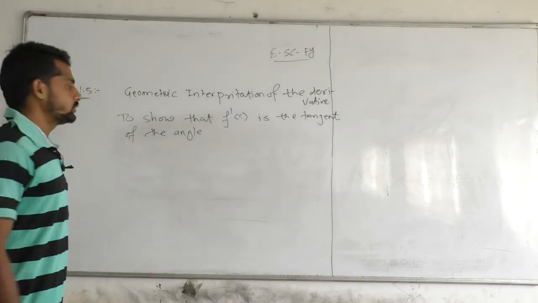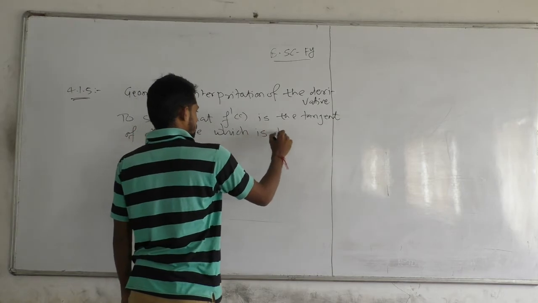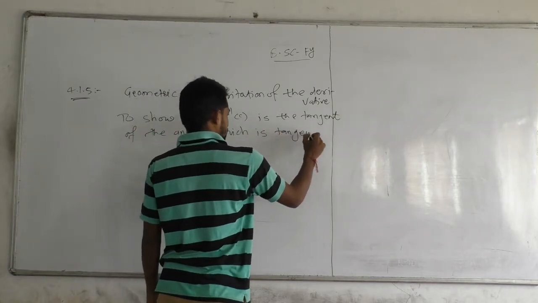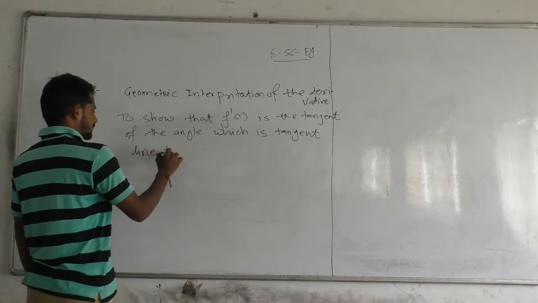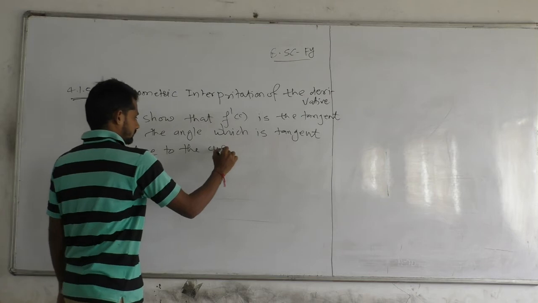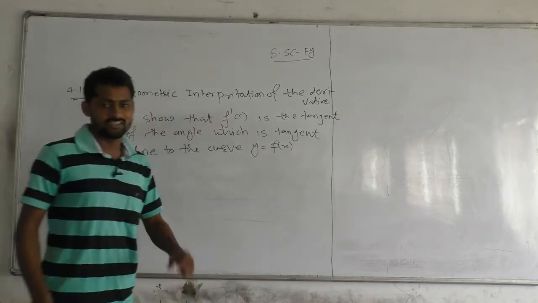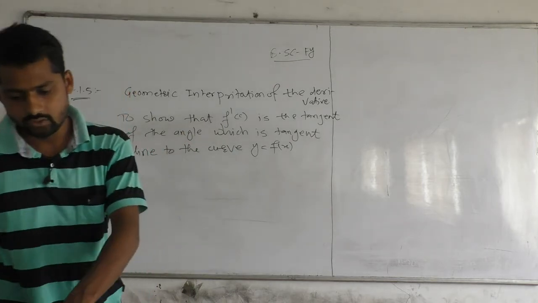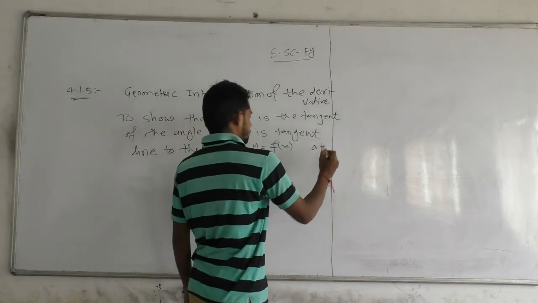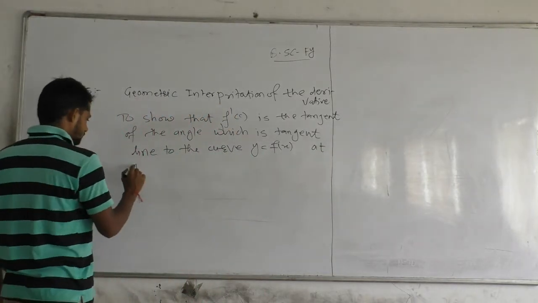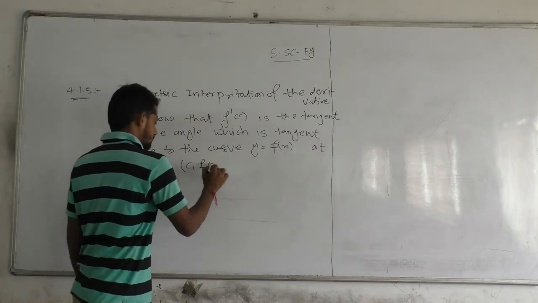Which is the tangent line to the curve y is equal to f of x at point c comma f(c).